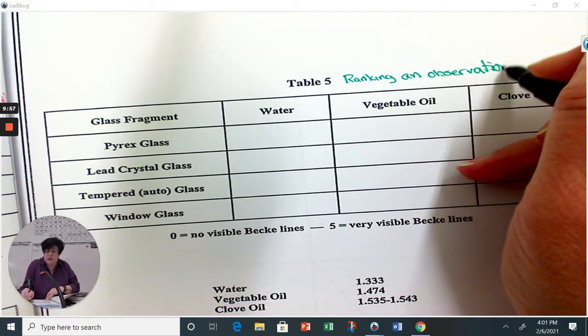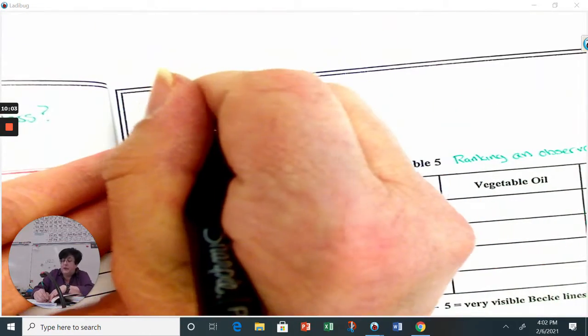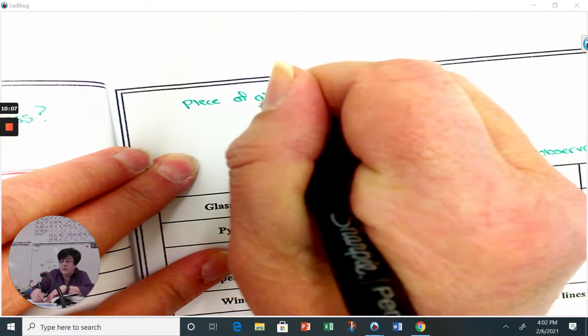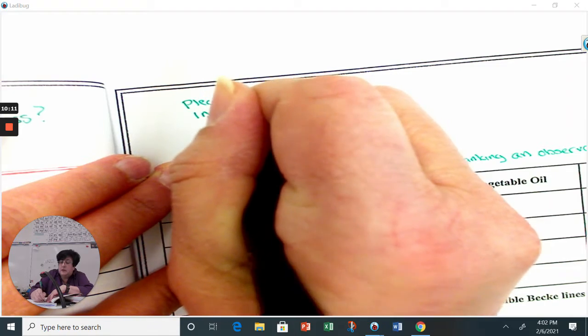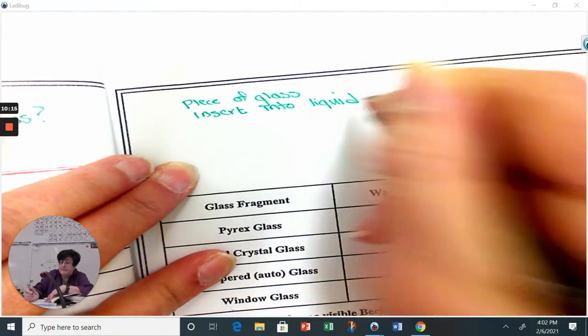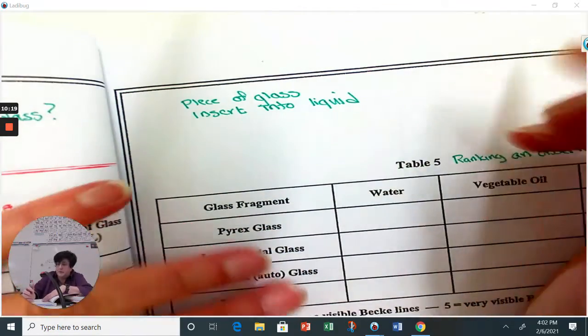So you're going to do this, or you're going to watch me do this. I am going to take a piece of the glass, and I'm going to insert it into the liquid. And I'll try to get this filmed as best as possible. I may have to prop something up.